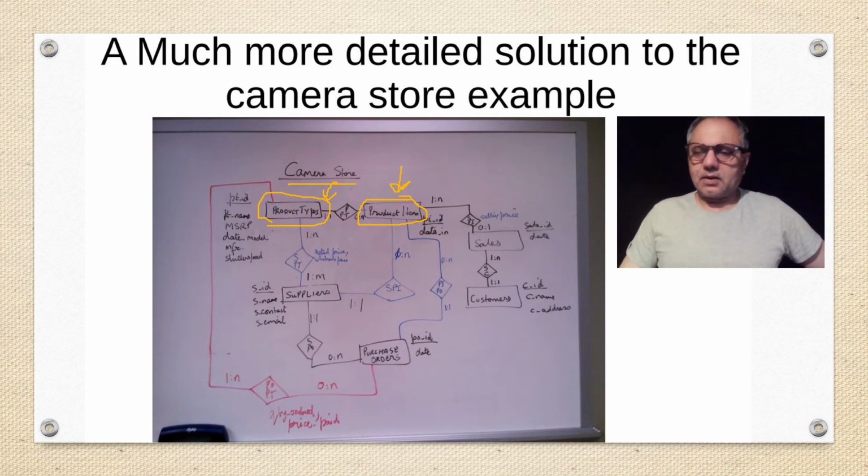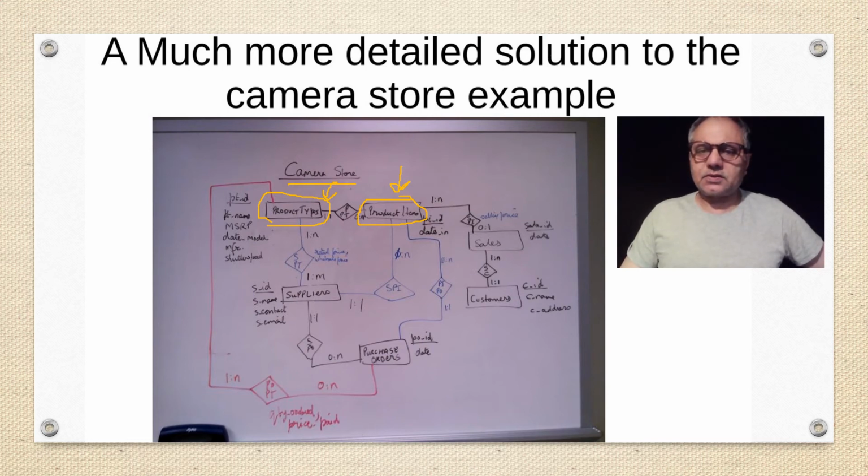Okay, now there's two basic transactions, or not transactions, but processes that happen in a store like this. So the first is the sales process where the products are sold to customers, and the second is the ordering process where products are ordered from suppliers through purchase orders. So let's take a look at the sales one first because that's more intuitive.